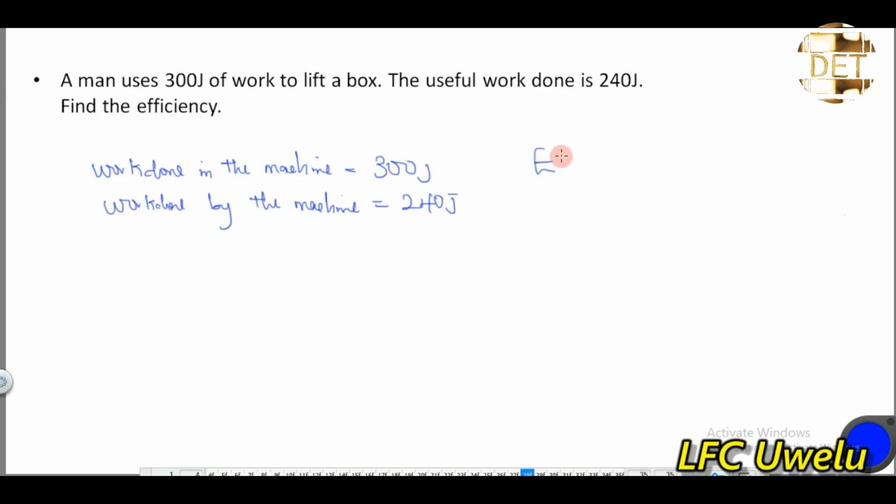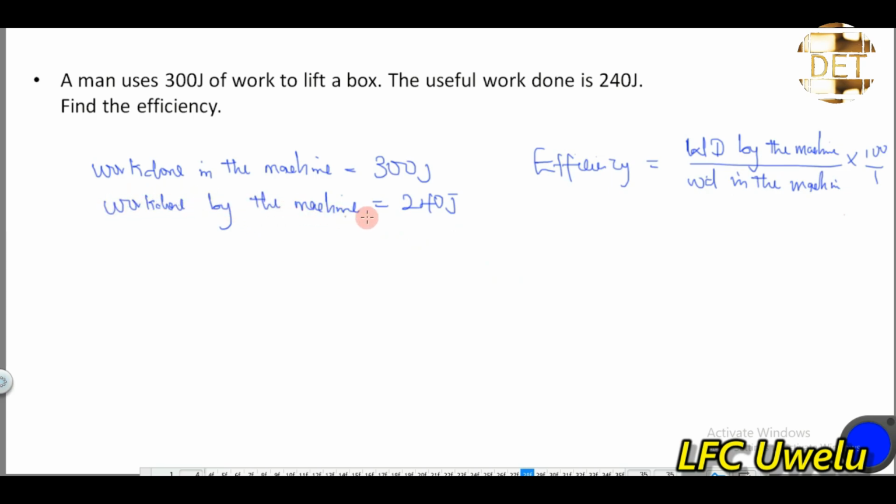So efficiency of a machine is the ratio of work done by the machine, the useful work done by the machine. Efficiency is equal to work done by the machine over work done in the machine, the work that you put into the machine, times 100 over 1.